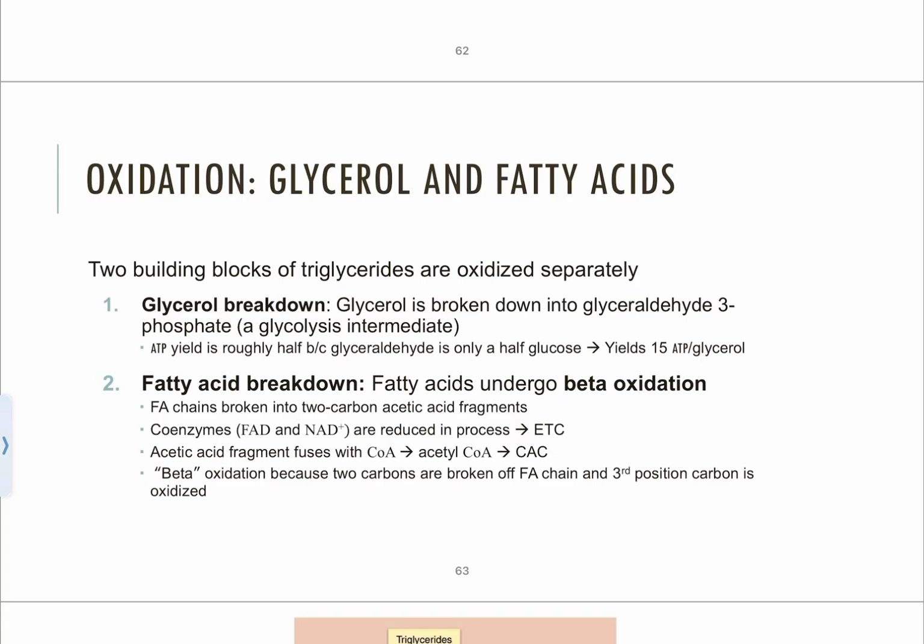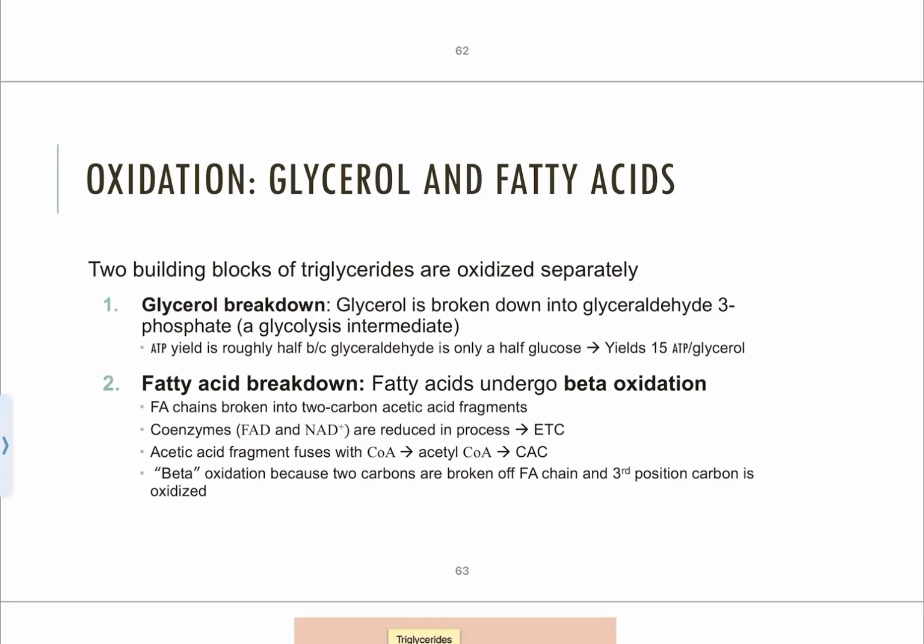So when we're talking about the glycerol breakdown, glycerol is going to be broken down into glyceraldehyde 3-phosphate. This is really important because glyceraldehyde 3-phosphate is a glycolysis intermediate. So eventually this can be converted into acetyl-CoA, which can go into the citric acid cycle.